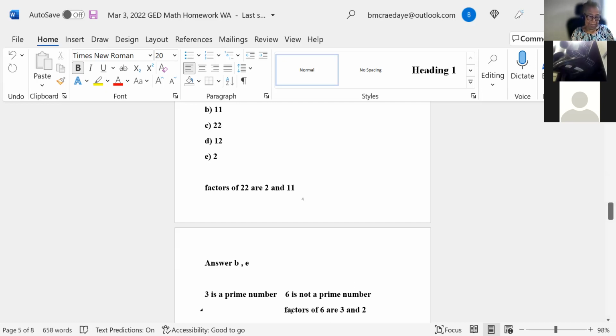So it's not itself and 1. So 6 is not a prime. It's called a composite number. But 3 is a prime number because it can only be factored into itself and 1, 3 times 1. Okay, let's keep going.